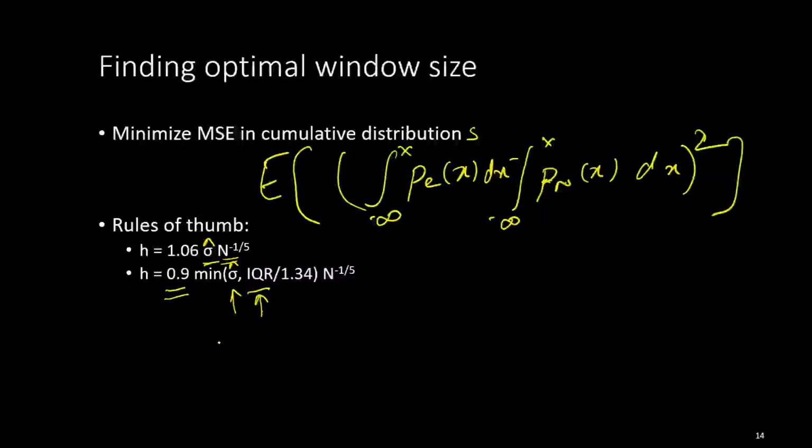This is the difference between the 75th and 25th percentile of the data.